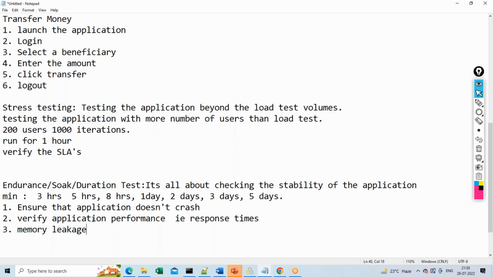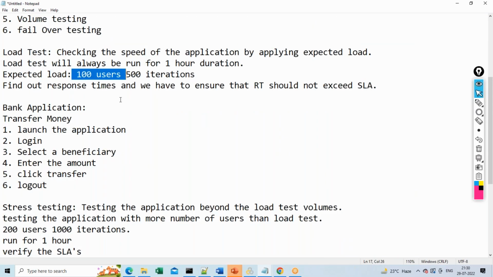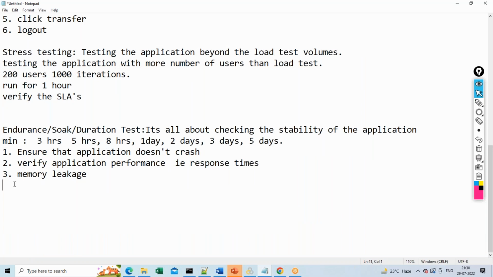Now one more important point here. I told you about the number of hours we have to run, but there is one more point you need to understand. In some projects they will use the same amount of load that they used in the load test. So let's say in the load test they are using 100 users, here also they will use 100 users only. In some projects the load will be the same as the load test, the same number of users.